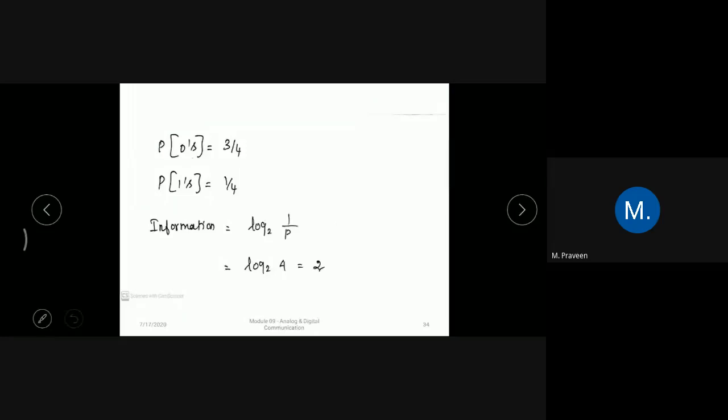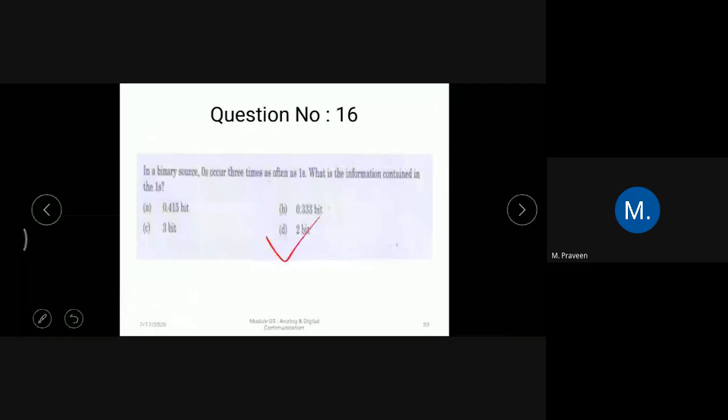Hope you understand. There is a difference between your ordinary entropy and the information in a single occurring event. They are asking for the information only in ones, so I take 1 alone. If they were asking for 0, I would go for log base 2 of 1 by 3 by 4. Since they asked for 1, I went with 1 by 4. So the option is D, 2 bits.